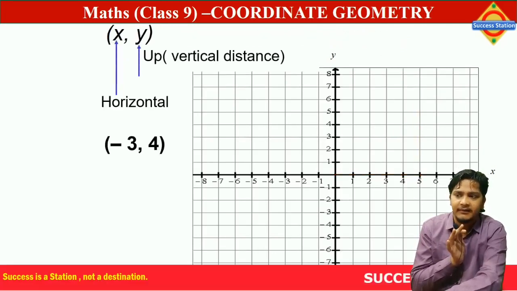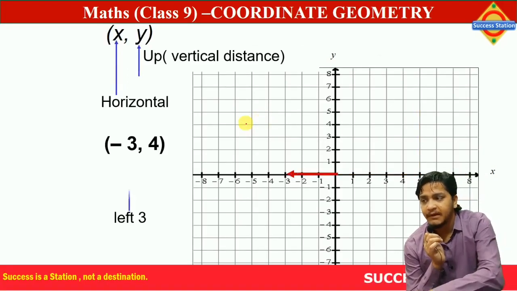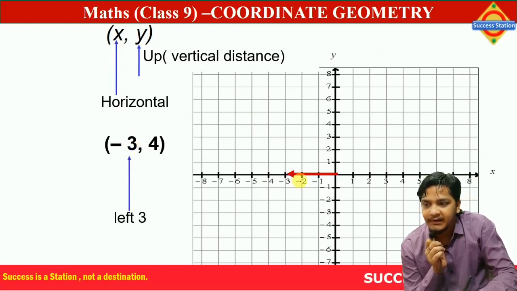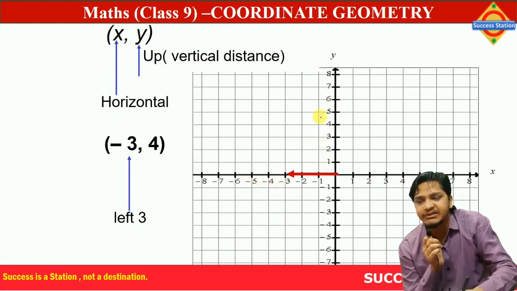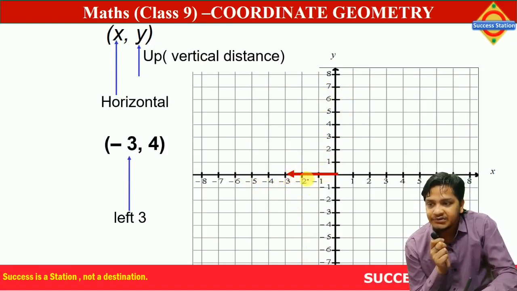Similarly, if I want to reach minus 3 comma 4, you know that this side is positive, this side is negative, the upside is positive and this side is negative. To reach minus 3 you will not go right, because positive is there; you will go this side.